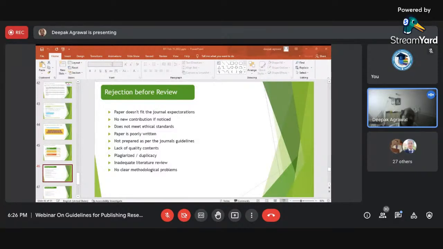You can put your paper there, check grammatical errors, rephrasing and all other things, citations, all these are easily available. Proofreading is also done by the software. Use it. There is nothing wrong in it. This will improve your work.